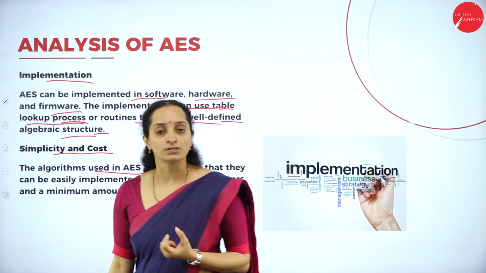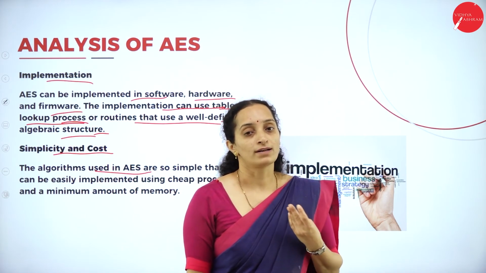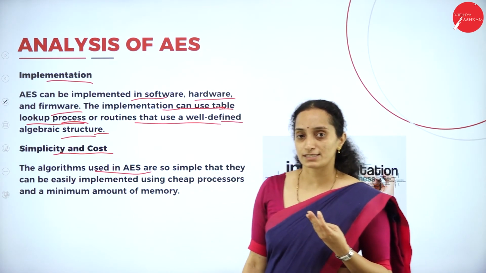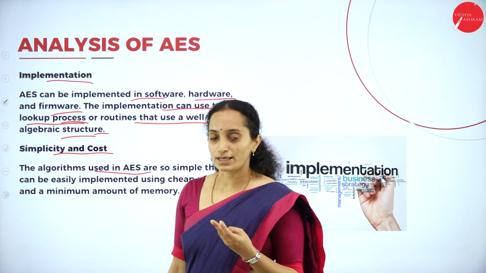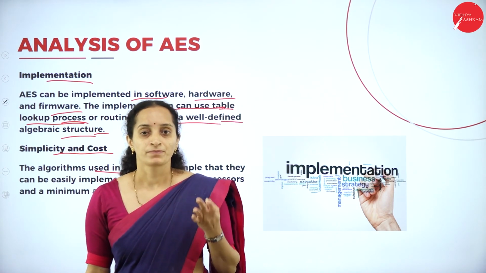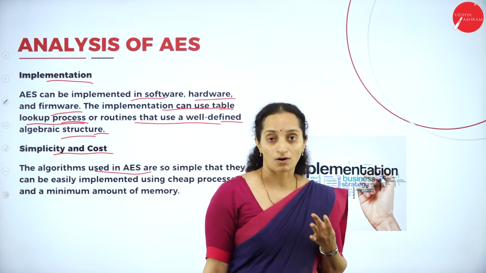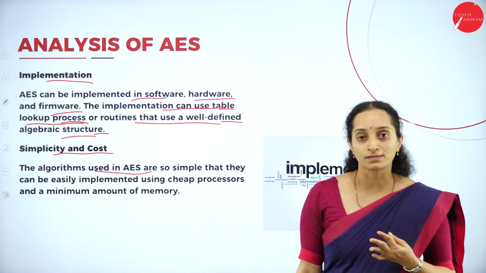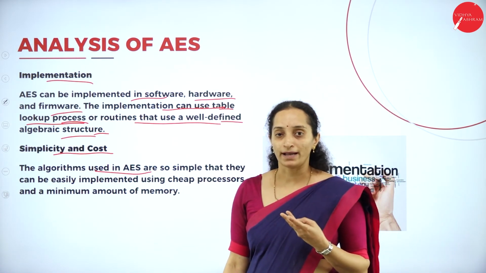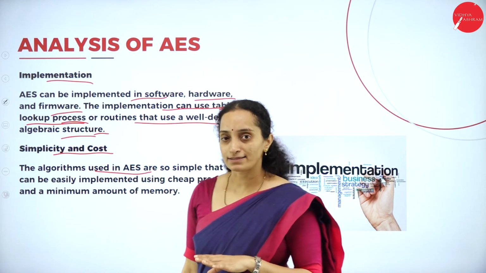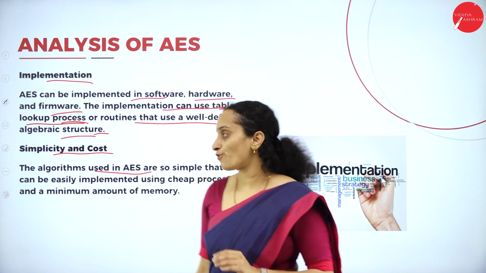When you look at the simplicity and cost of the AES cipher, what functions do we use in AES? Add round key, sub bytes, then shift rows, then mix columns, then again add round key, isn't it? We use 4 functions.